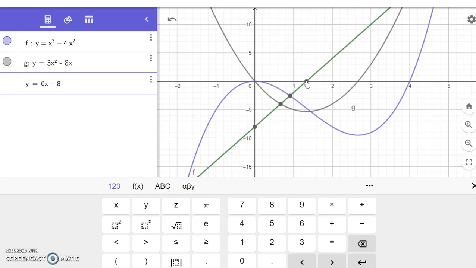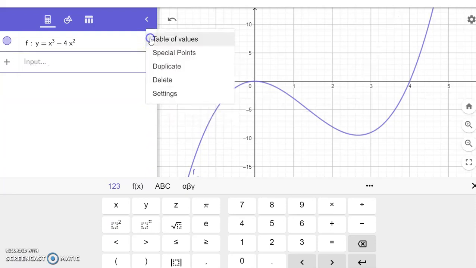So if the second derivative is greater than 0, then it's concave up. If it's less than 0, then, so that's right here. You see how it goes from concave up to concave down right here on our regular graph. So you can get a lot of really useful information from these derivatives.